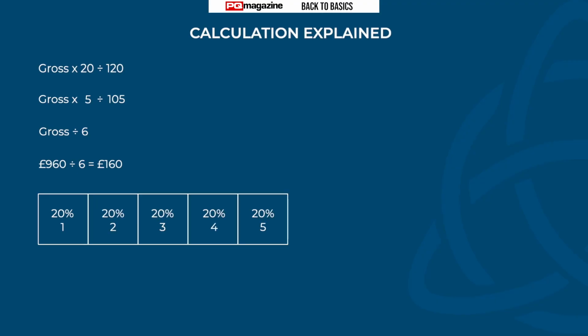This is because there are 6 lots of 20 in 120. If we wanted to simplify our 5% calculation, we would need to find out how many lots of 5 there were in 105. 105 divided by 5 equals 21. We could divide a gross value by 21 to give us 5% of that value.